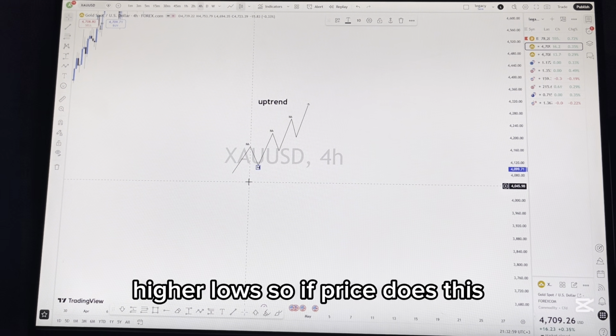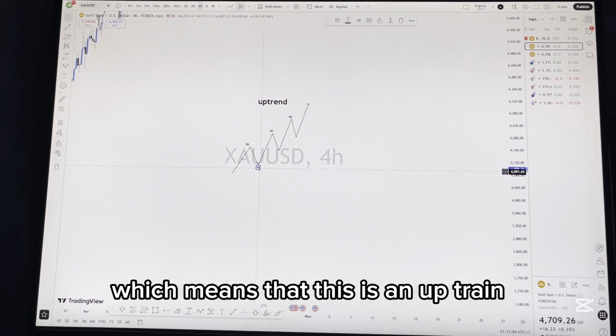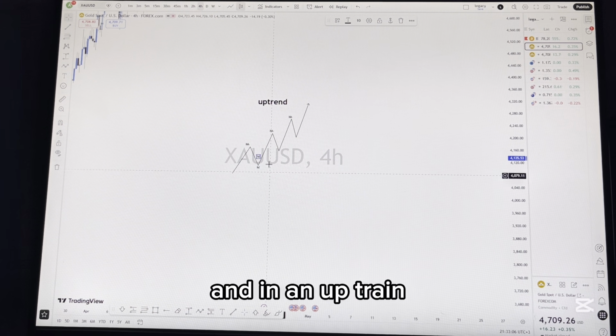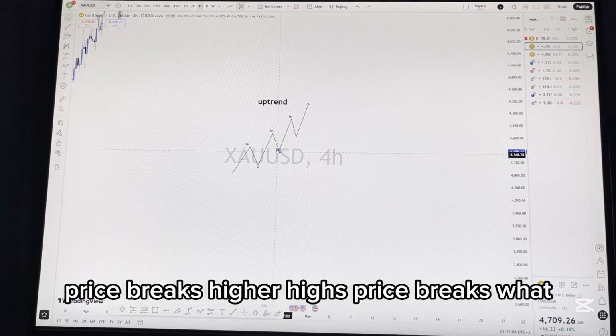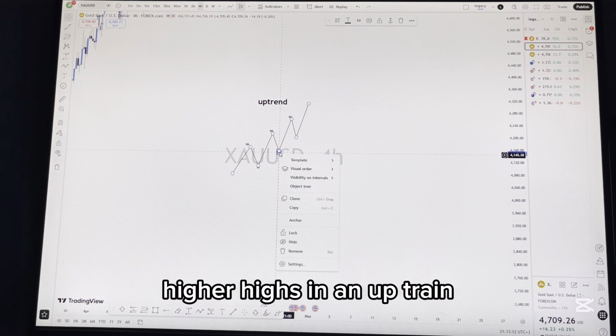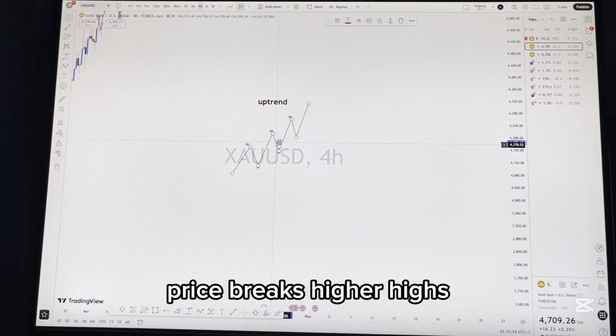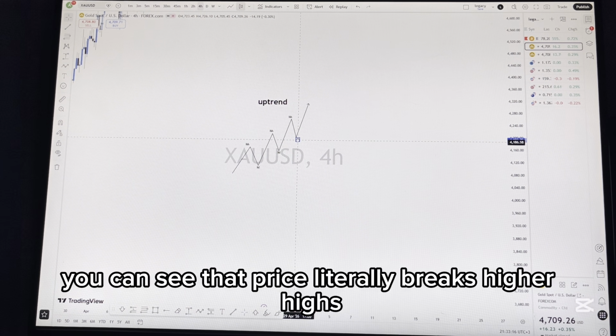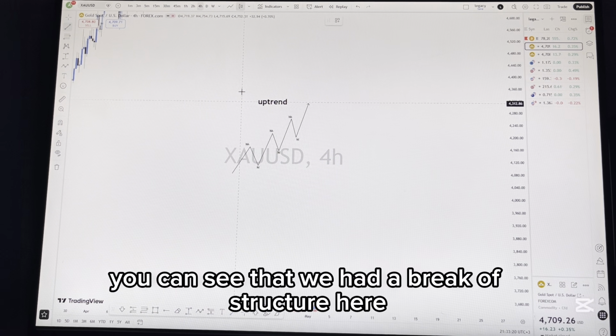So if price does this, it means this is an uptrend, and in an uptrend, price breaks higher highs. You can see that price literally breaks higher highs, whereby we had a break of structure here.